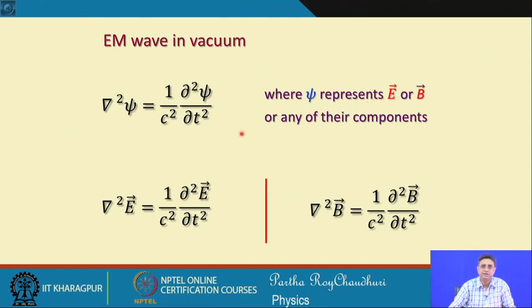If we consider the electric field or its components, we can write the equation in this form, whereas if we consider the magnetic field or its components, we will consider this equation. Basically, both of them are of the same form.